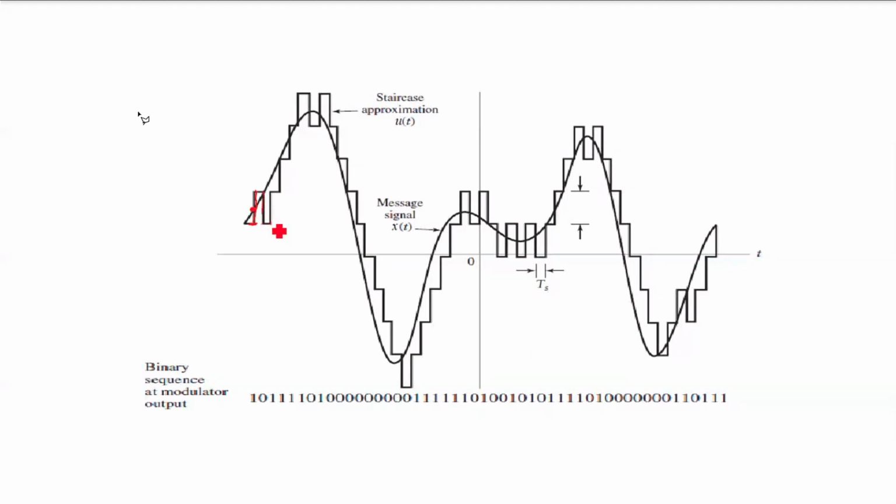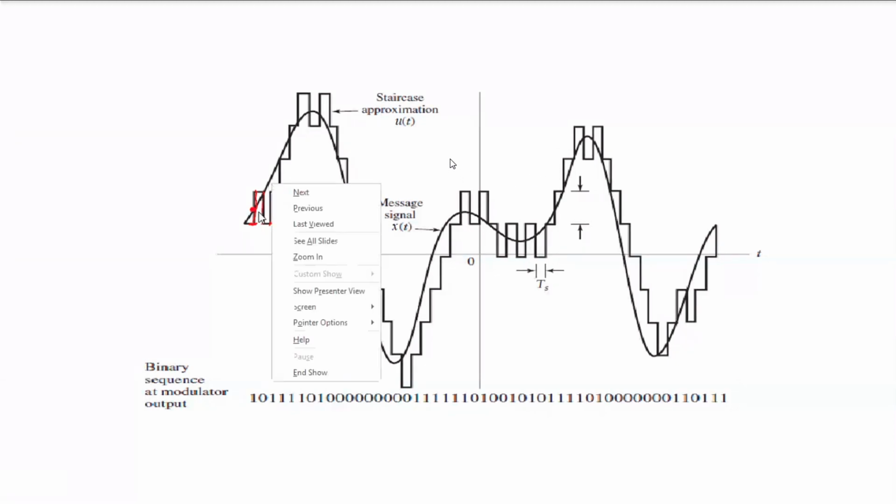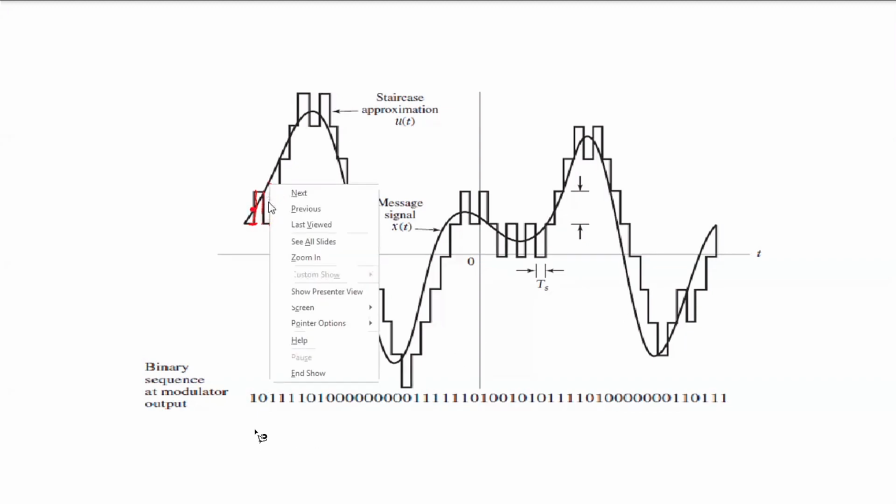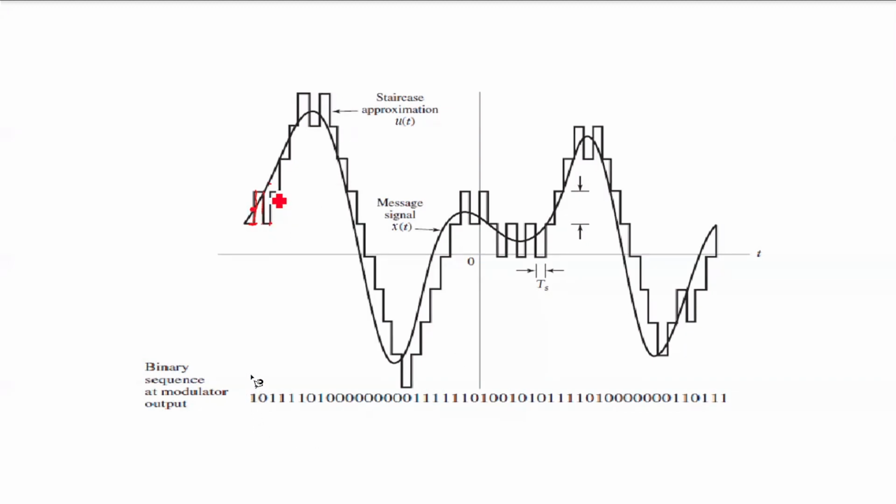If the next sampling interval is somewhere here, and x takes this sample value and the predicted value is this, you can see this difference is greater than 0. What happens?